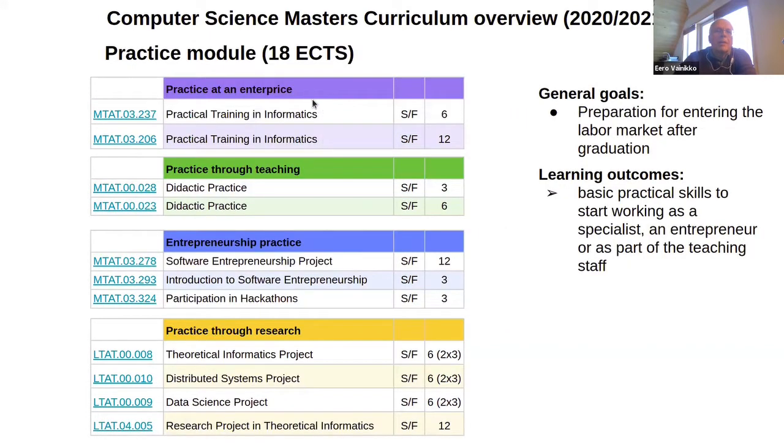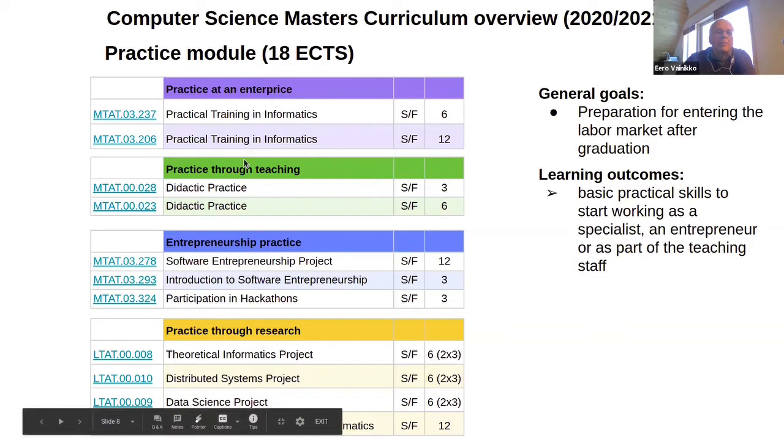Then practice module is 18 ECTS, and essentially there are 4 different ways how to do it. The most popular and common one is to do practice at an enterprise and take a practical training in informatics, for example, 12 credits. Then you can choose whether to take the remaining 6 credits the same way, or you can take, for example, practice through research.